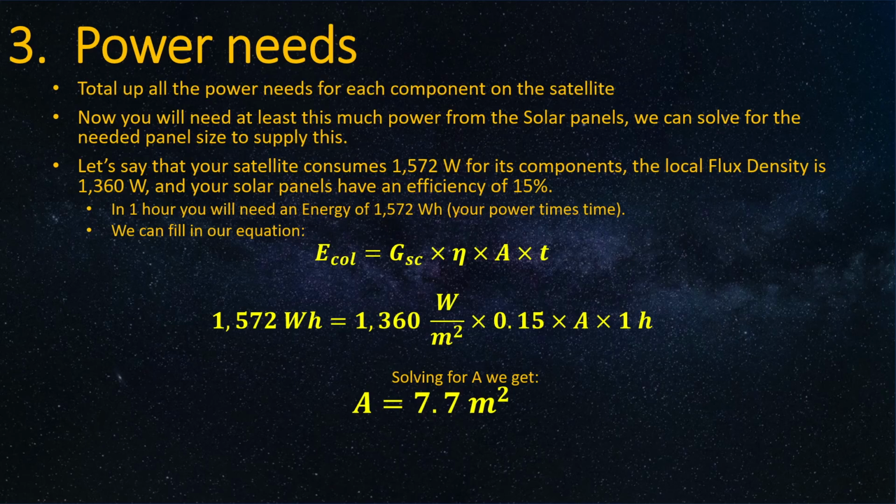That's what we're after, so I'm going to leave that as A. And then I'm going to say, okay, well, this is running for 1 hour in our example, so I would multiply by 1 hour. I can then do a little bit of algebra that I'm going to leave to you, and I find that the area that I need for my solar panels to achieve 1,572 watt-hours in 1 hour at 15% efficiency, and the local flux density, is 7.7 square meters.